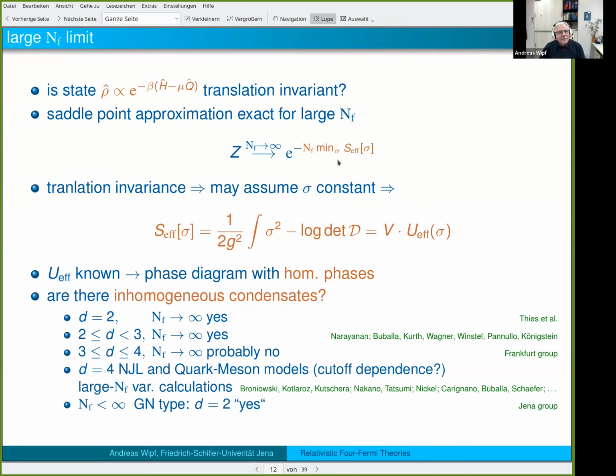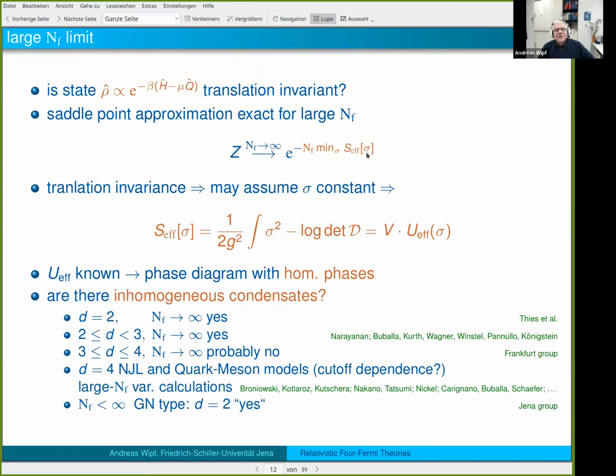Now we have learned almost in school, but during our studies, that the equilibrium states should be translation invariant in space. Okay, it's homogeneous. Now, if this is the case, if this state sigma bar is homogeneous, then this minimum must be homogeneous as well, must be constant.